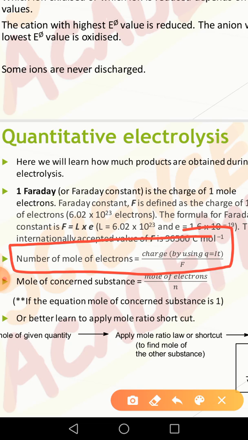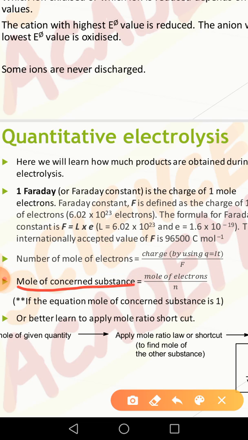Next, using the mole ratio, from the electron mole you find the mole number of the concerned substance, or you may prefer to use this shortcut: mole of concerned substance is equal to mole of electrons divided by n, where n is the number of electrons in the electrode equation.